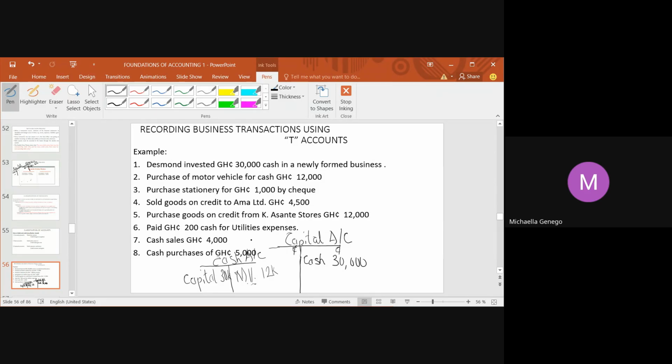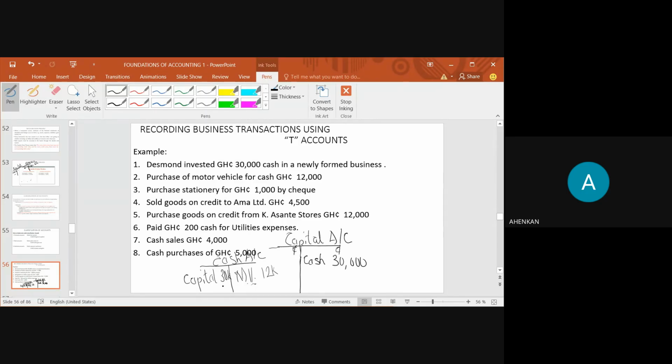We are now starting. He invested 30,000. Is that 30,000 in the cash account, or is it not in an account yet? It's not. We are now putting it in the account. So that is what we put here. Okay.